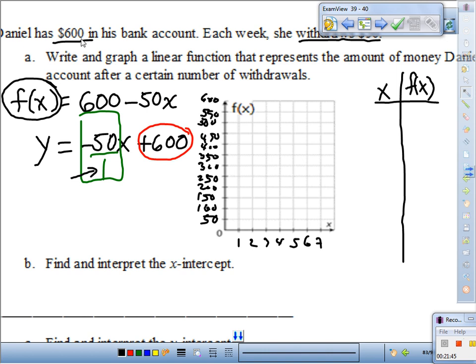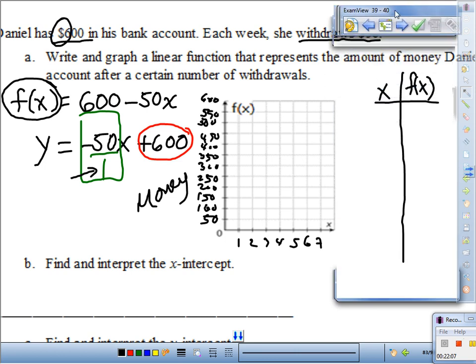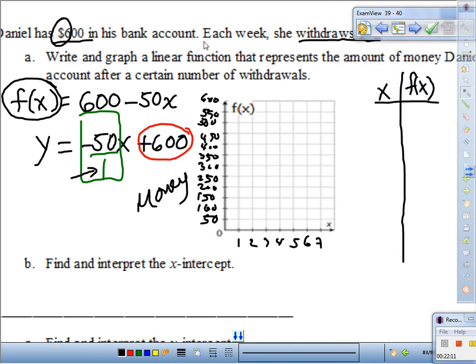Look at it. Money. Money. What does the x represent? What's that? No, it represents what? Each week, so we write weeks.